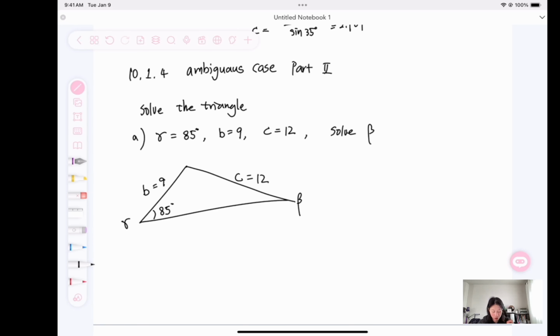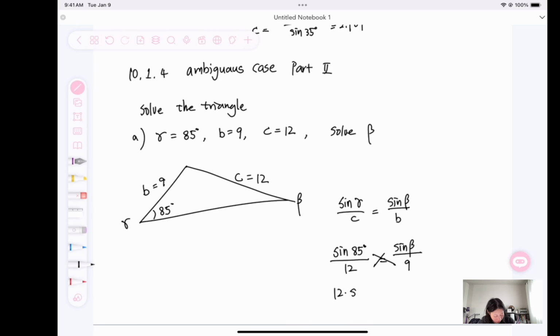To do that, we can just use sine gamma over c equals sine beta over b. Then we have sine 18.5 degrees over c, which is equal to 12. Beta, we don't know, leave it there, and b is equal to 9.